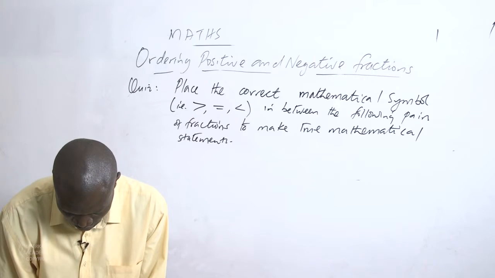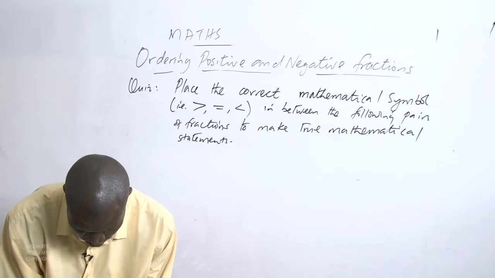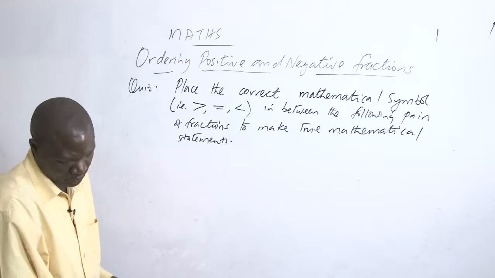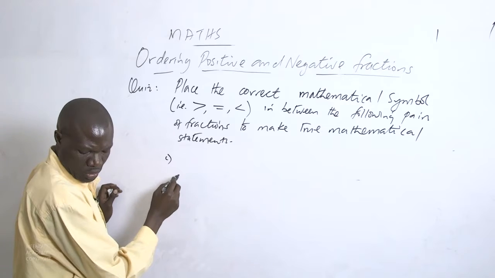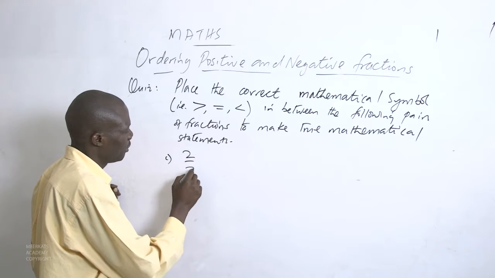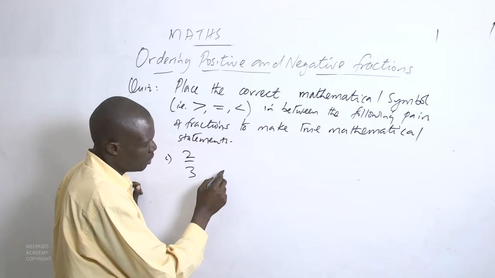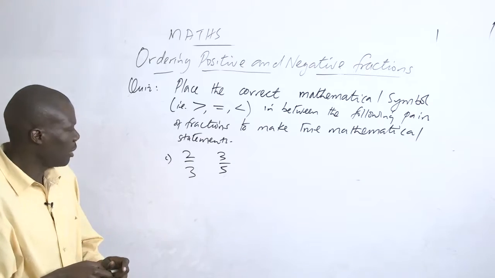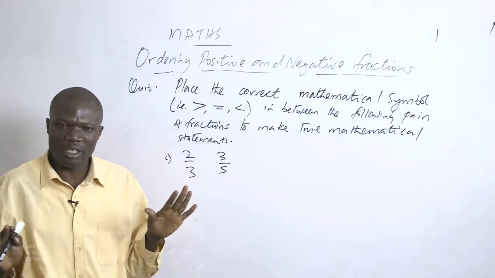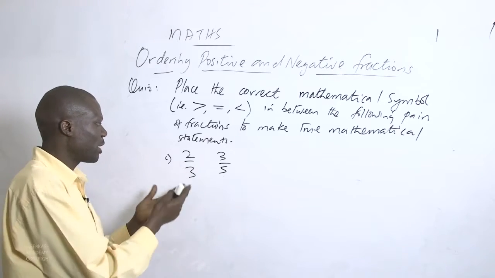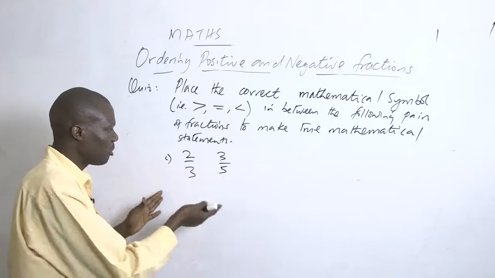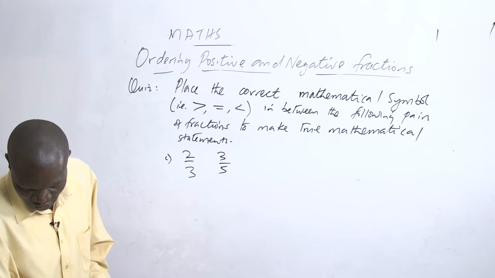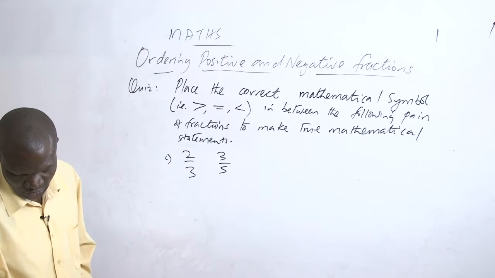The next was C, 2 over 3 and 3 over 5. Now for this case, the two fractions are completely different. The numerators are not the same. The denominators are not the same. Then the question that comes in, how do we approach this?